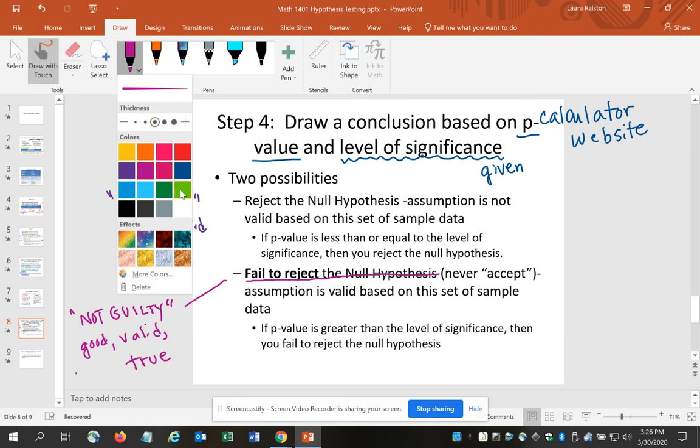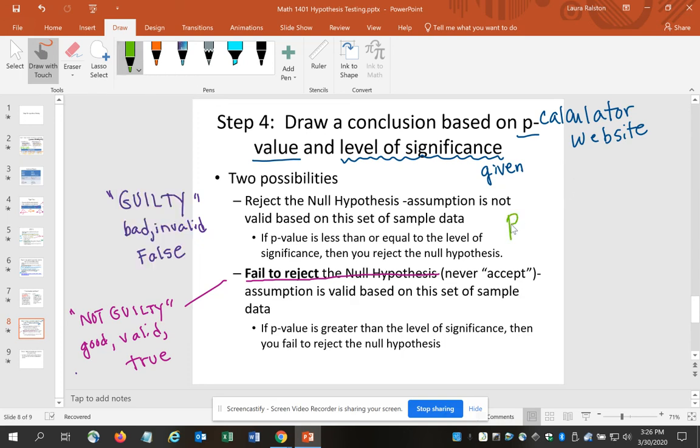The other piece here is, how do you know when to reject and when to fail to reject? I have it written out in words here. If the p-value is less than or equal to the level of significance, in other words, if p is less than or equal to alpha, you're going to reject the null. Every time, all the time.